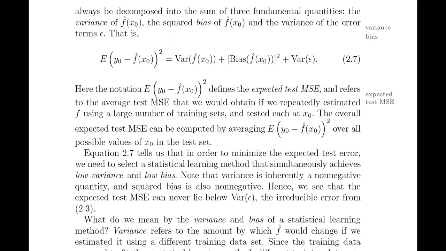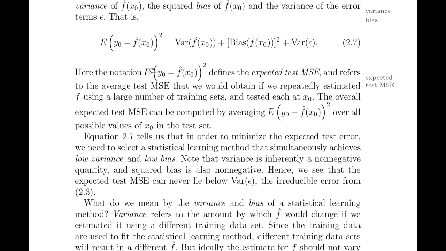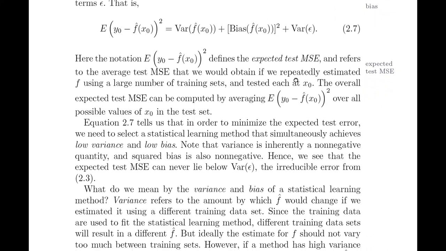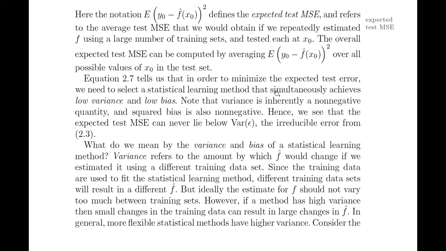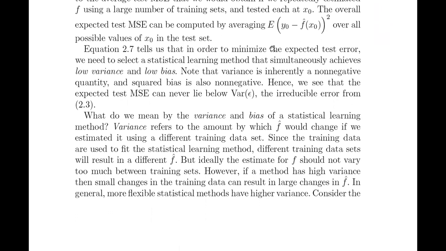I'm not familiar with this formula, but this is expectation. This is what you would expect. Here, the notation E defines the expected test MSE. I think we can safely skip the mathematics of this section.